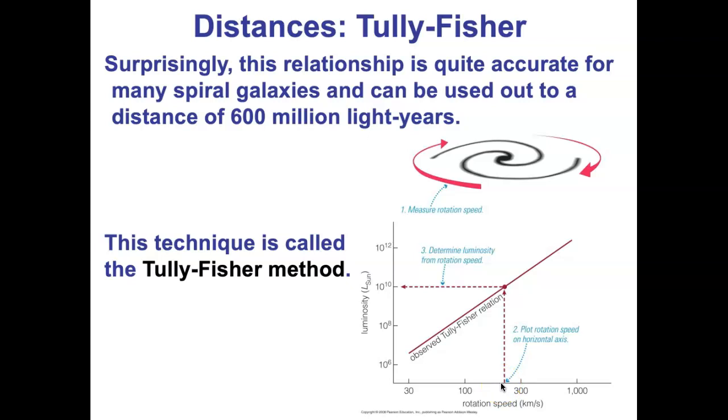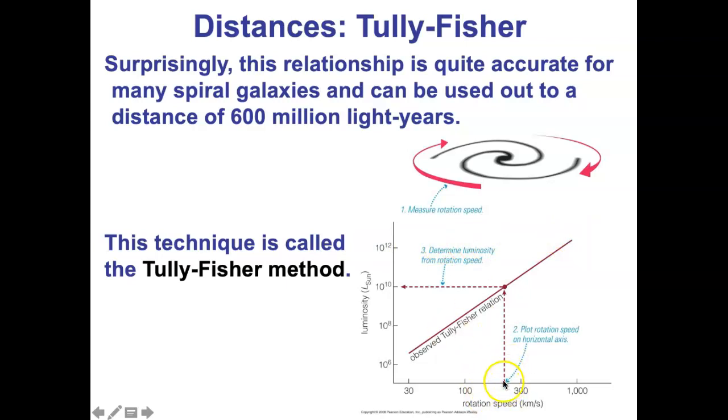And if the galaxy has more mass, then there are going to be more stars, and if there are more stars, the galaxy will have a higher luminosity. So basically what you're looking at is just a measure of mass. The lower the mass, the slower the galaxy spins and the dimmer it is. The higher the mass of the galaxy, the faster the stars orbit and the brighter the galaxy will be.